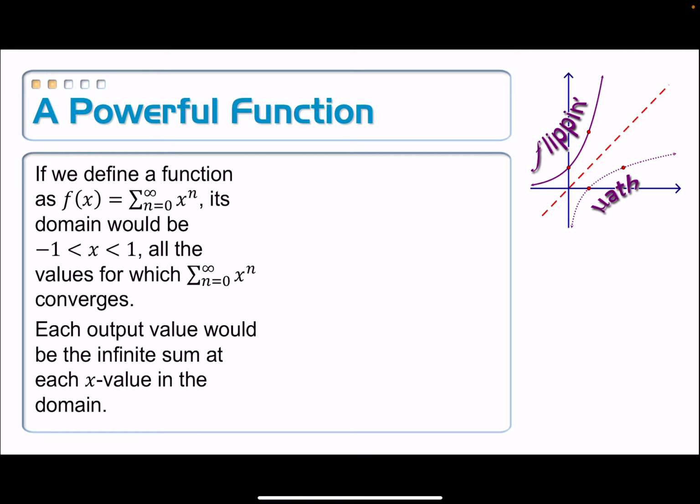And what does it converge to? It converges to some finite value, which is the output of this as a function, right? Input is anything that's inside here, the numbers for which this series converges, and the output is the infinite sum at that x value.